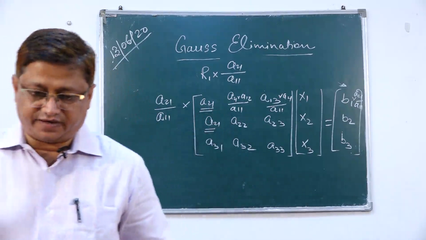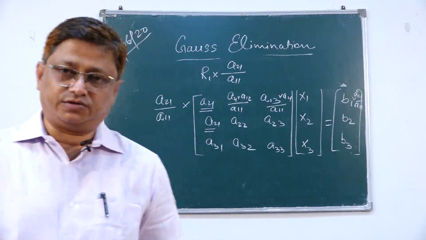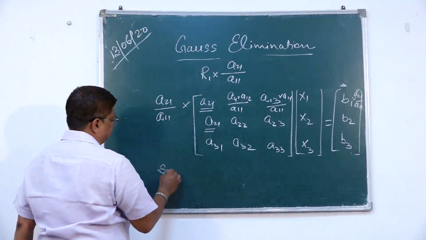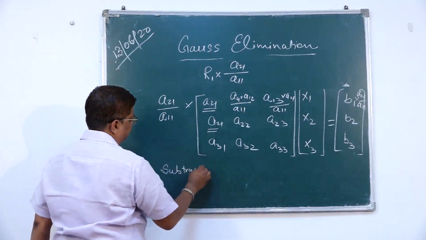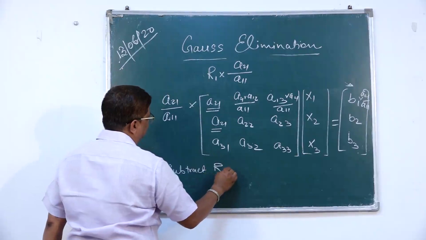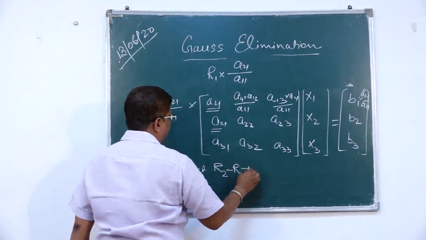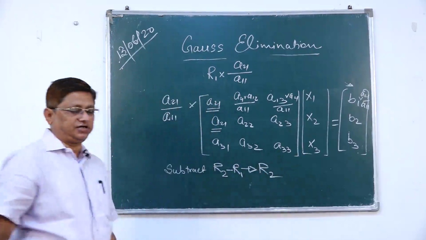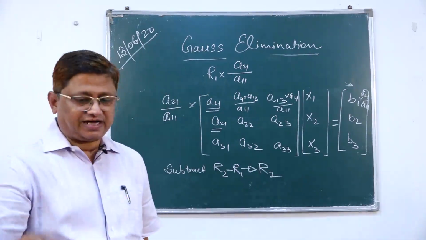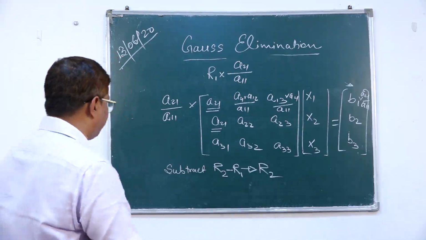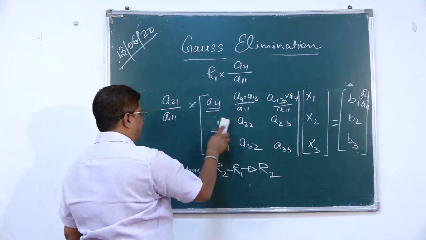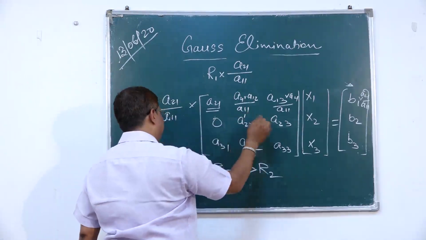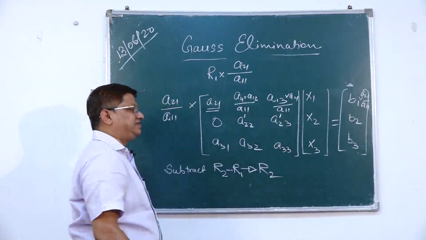The first element of R1 and the first element of R2 are the same. Then subtract R2 minus R1, and the affected row is nothing but R2. After R2 subtract R1, R2 becomes the first elimination. We have got 0 after this. This is the 0, and the changed values will be represented with a dash.